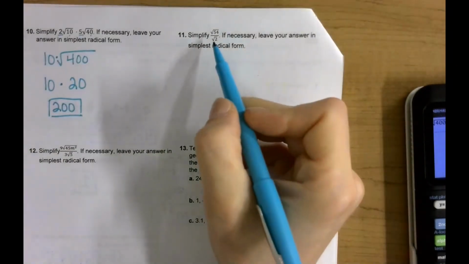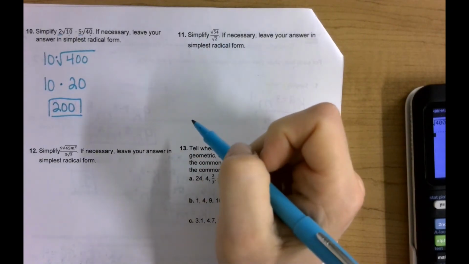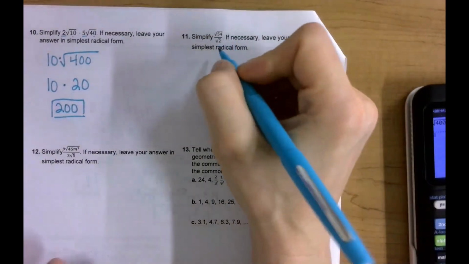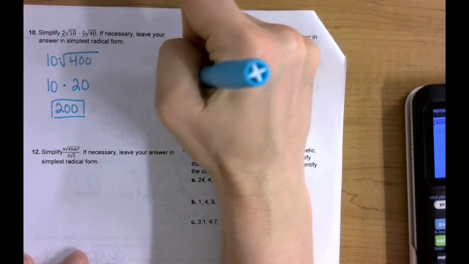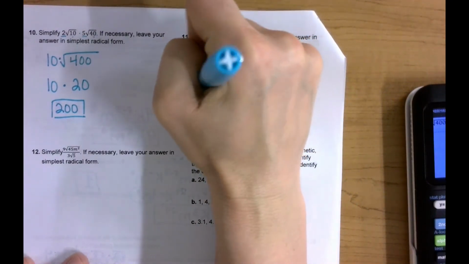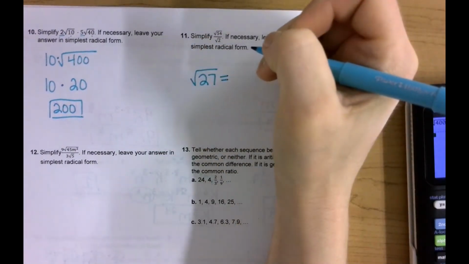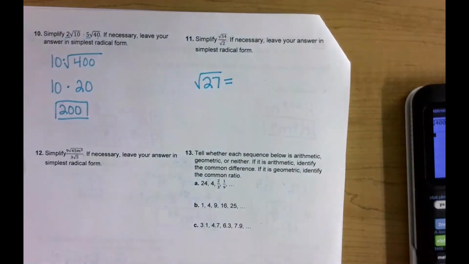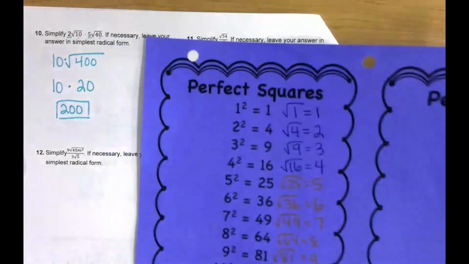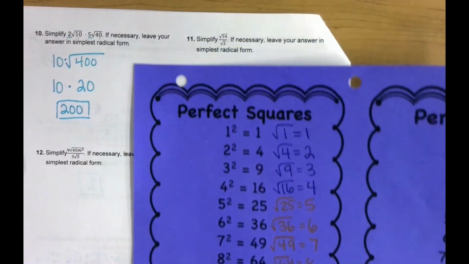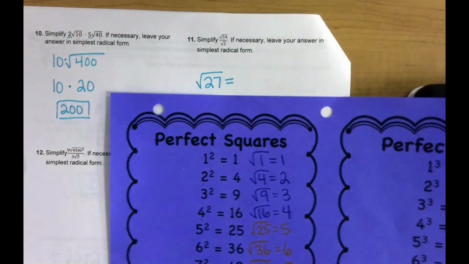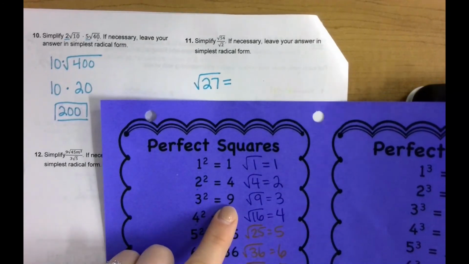Division with radicals. You're going to divide the terms first. 54 divided by 2 is the square root of 27. Then we can break this up further using your perfect squares list, and if you want to write these on your note card, that might be a good idea. So 27, I know that the perfect square of 9 goes into 27.